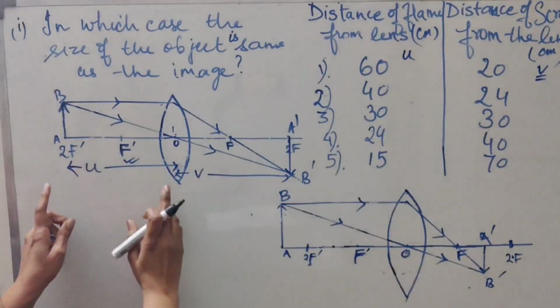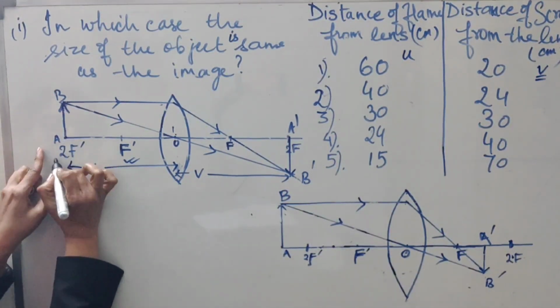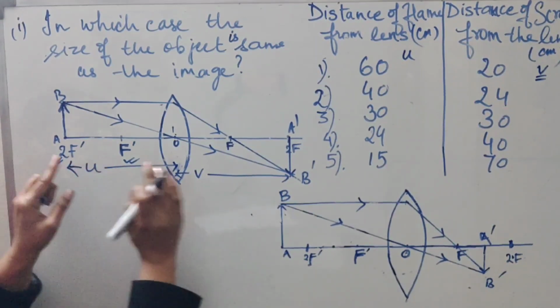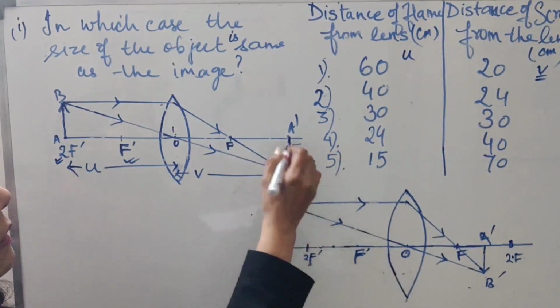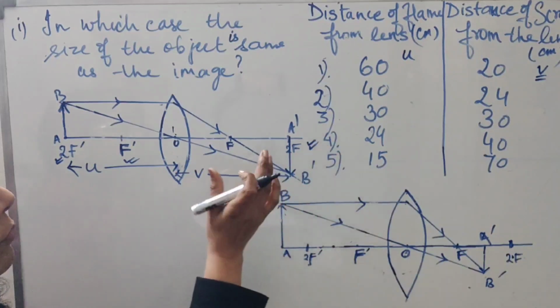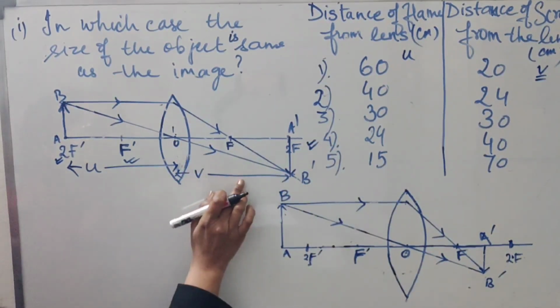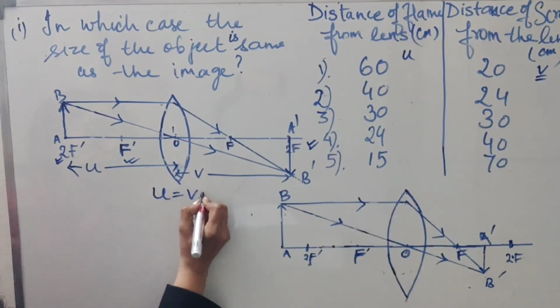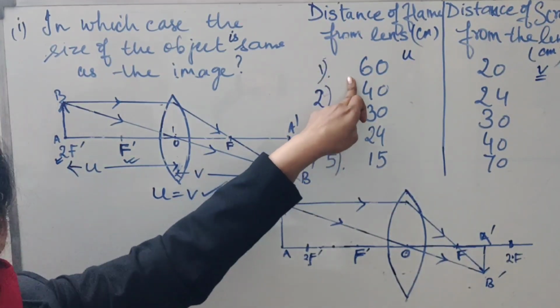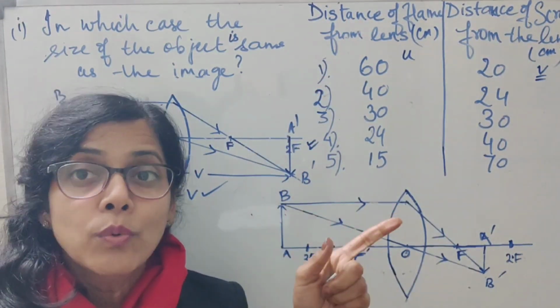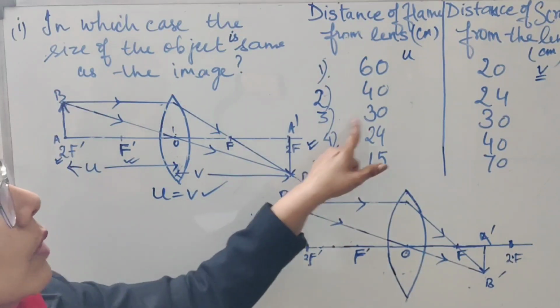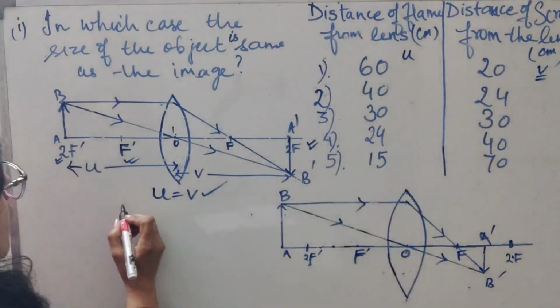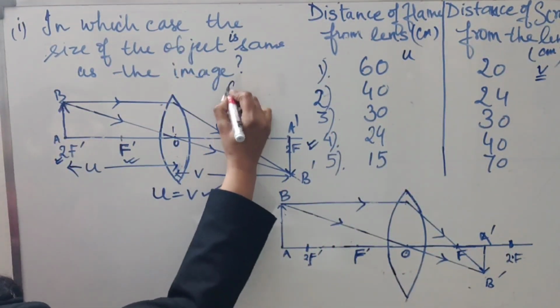So we can see here that the object is at 2f dash, means center of curvature. Here also the image is at 2f, means center of curvature. So u and v are equal here. Now come to our cases. The 5 cases are given to us where u and v are equal. U and v are equal in the third case. So the answer of this is case 3.